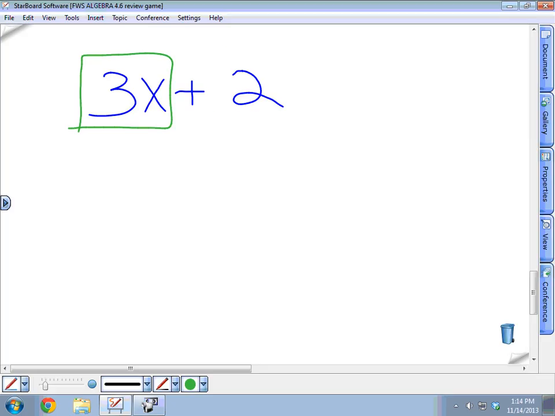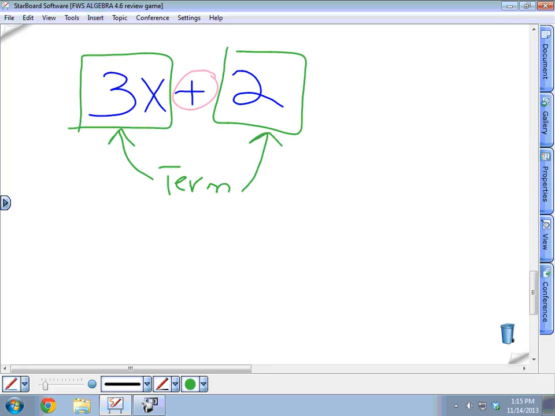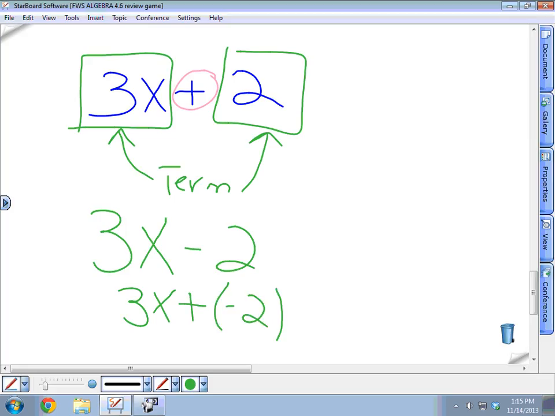I have 2 monomials separated by addition or subtraction. We call these monomials terms. Every monomial that's separated by the addition or subtraction sign, and really what is subtraction? It's just addition of the opposite. So 3x minus 2 is really just 3x plus negative 2. We call these terms. If there are two terms, we call it a binomial. The Greek prefix bi means two. Bicycle, biplane, 2 layers. So when we say binomial, it's 2. Okay?